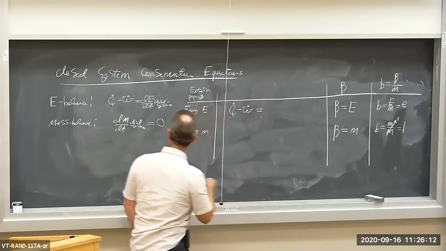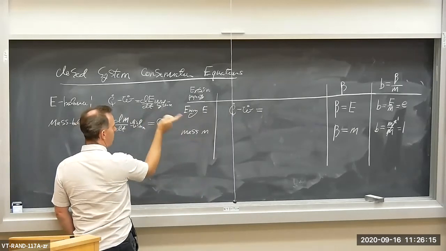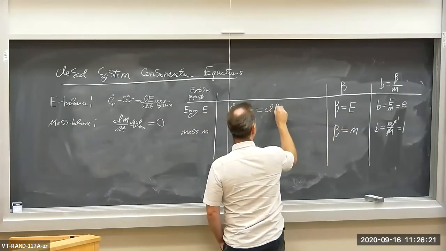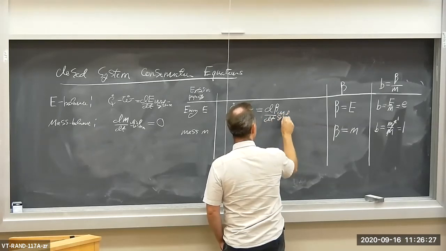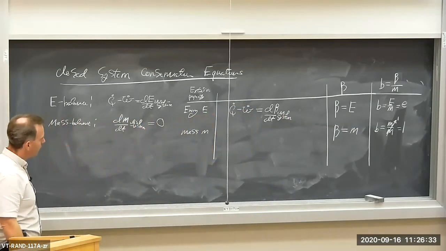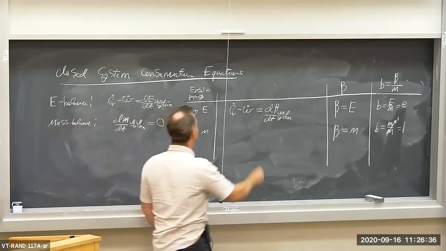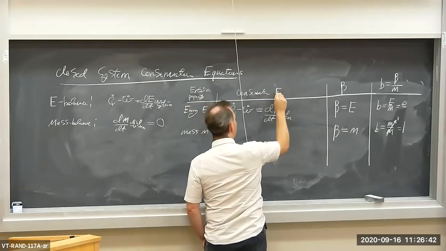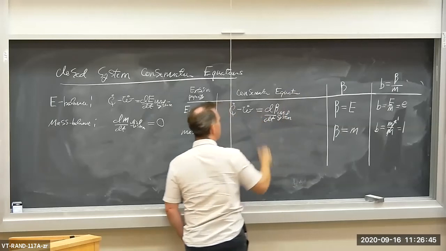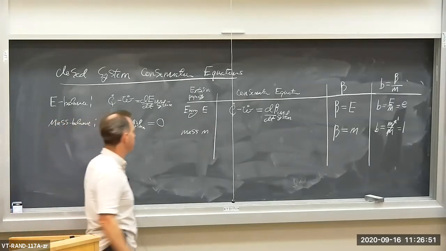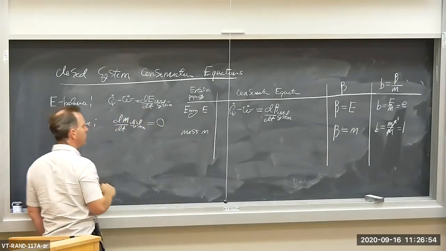And instead of writing dE/dt for the closed system, I'm going to write d beta/dt because beta is equal to total energy, and this is for a closed system. Closed system, all right? So for energy, the conservation equation: conservation of energy is Q dot minus W dot is equal to d beta/dt for the closed system. I'm just rewriting the energy balance for a closed system in terms of beta.